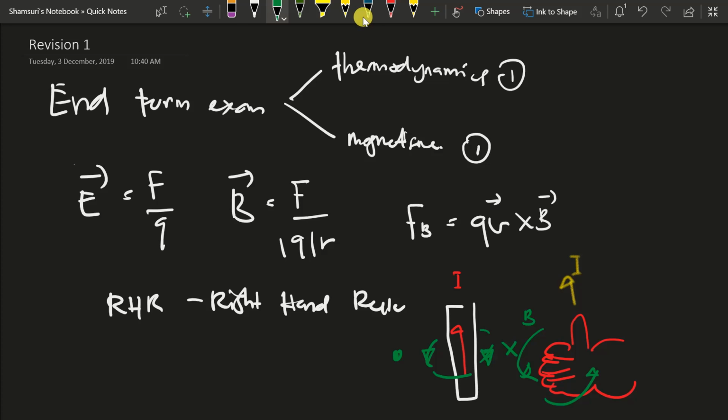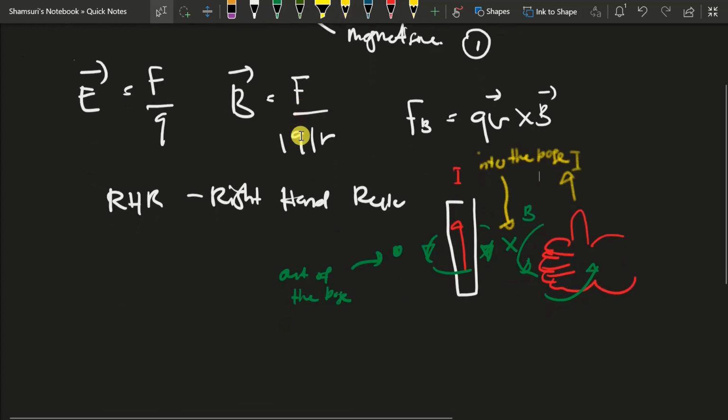So this one is out of the page, and this one, maybe I can put in yellow color, is into the page. Okay, and the rule.